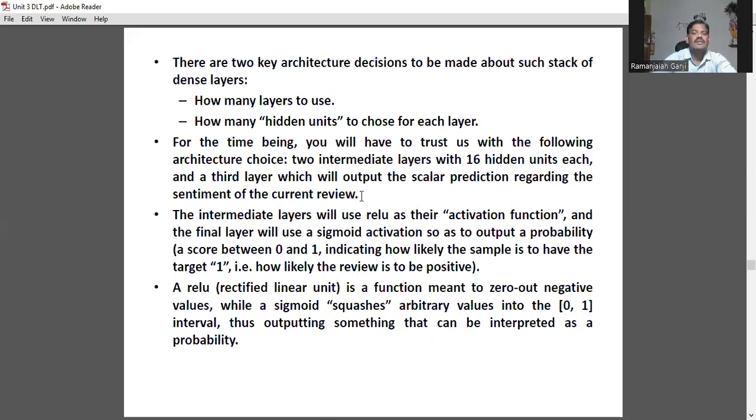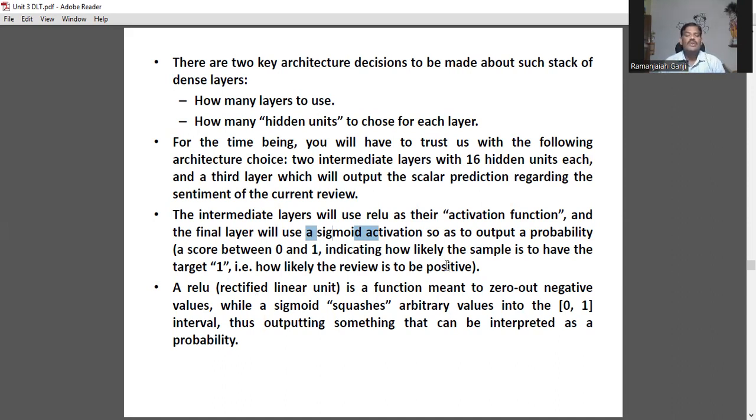The intermediate layers will use ReLU as the activation function, and the final layer will use sigmoid activation so as to output a probability, a score between 0 and 1, indicating how likely the sample is to have a target of 1, that is, how likely the review is to be positive.